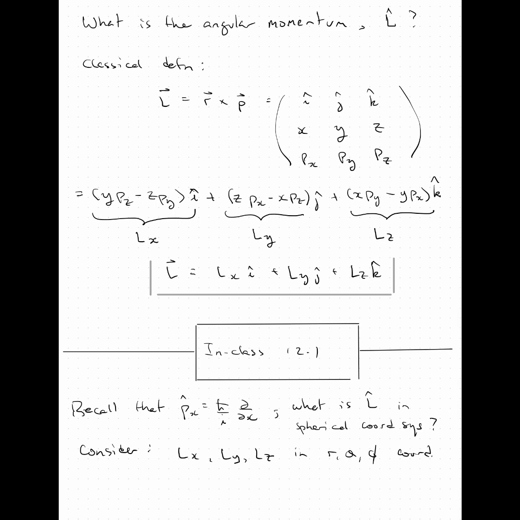And to do that, we need to change the variables. x is equal to r sine theta cosine phi, y is r sine theta sine phi, and z is r cosine theta. Okay? And essentially you get these from looking at the coordinate system and going from Cartesian to spherical, just using some geometrical considerations.